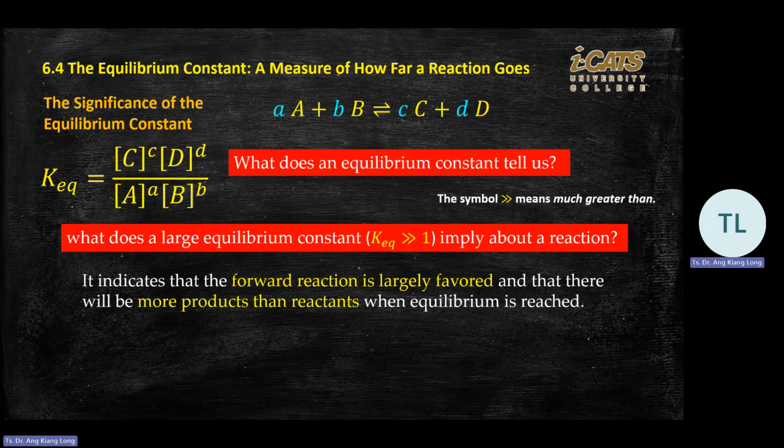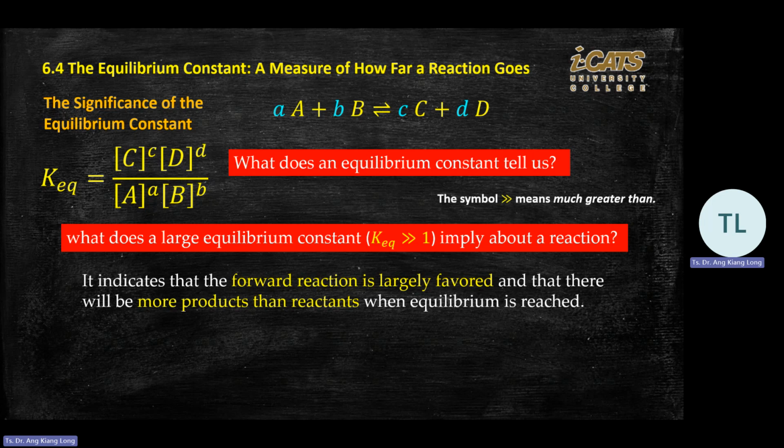So just now you know how to arrange the KEQ already. Later I'll give you a question, you calculate, you will get more than 1. If you get more than 1, it means that forward reaction happened. Or you write, very high possibility forward reaction will happen in this process.